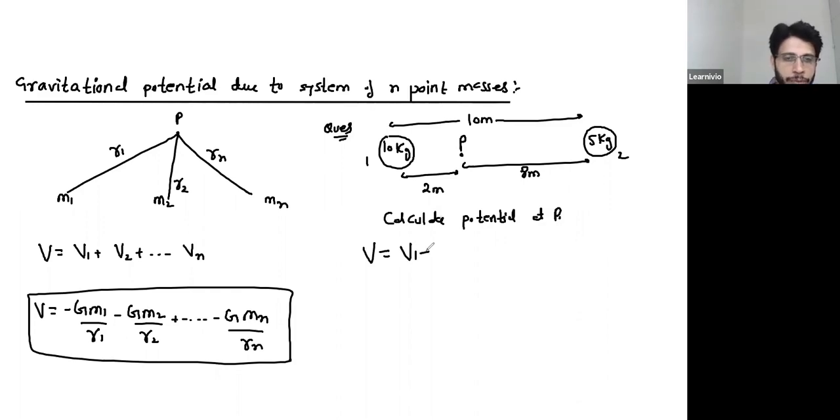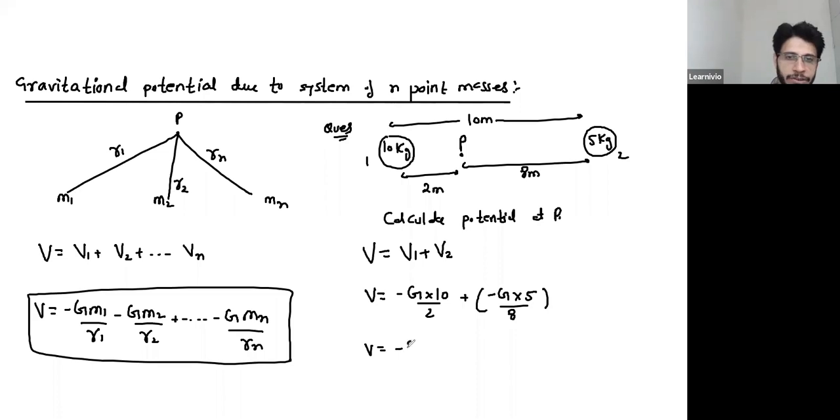So net potential would be the sum of potential due to individual masses. Due to the first mass, potential is minus G, its mass is 10 kg, r is 2 meter, plus minus G, mass is 5 kg, separation is 8 meter.